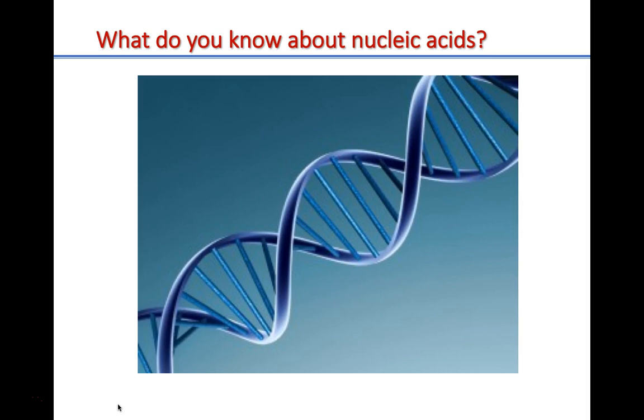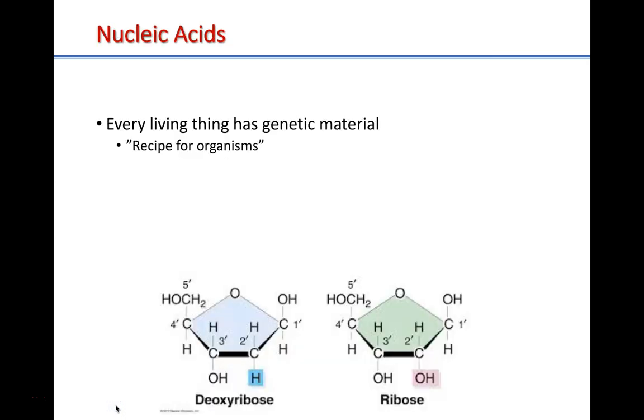The final macromolecule we'll discuss are nucleic acids. So nucleic acids, like one of our principles of living things, every living organism is going to have genetic material, and this is essentially the recipe for how to create that organism.